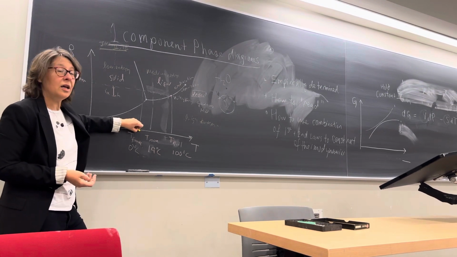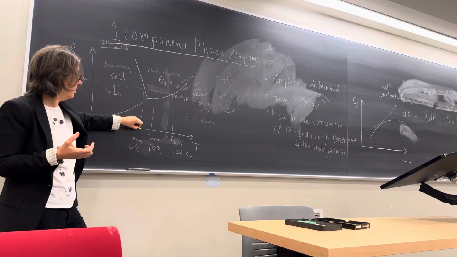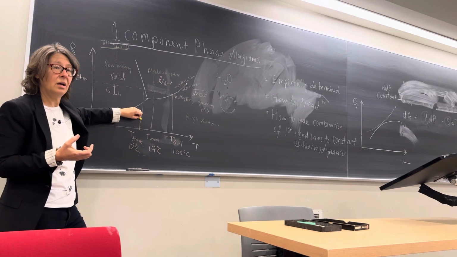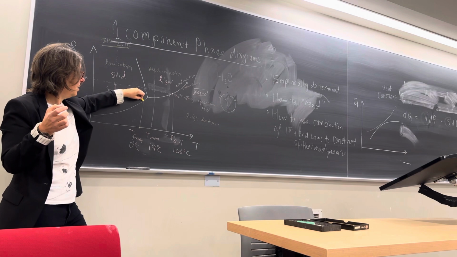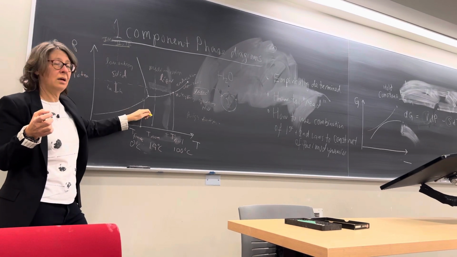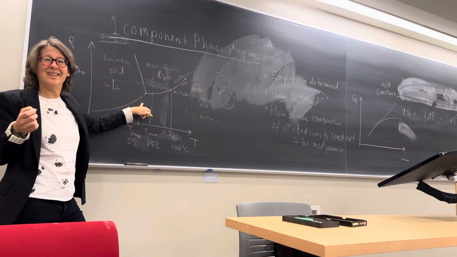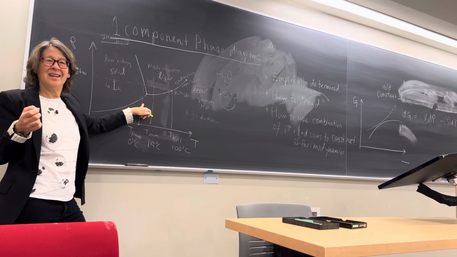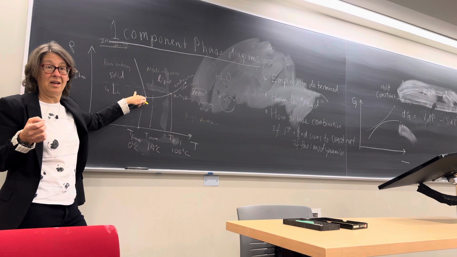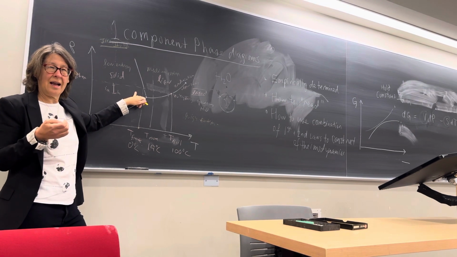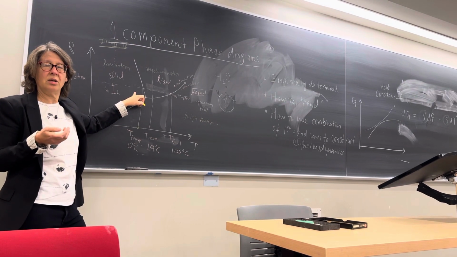And so we're going to increase the pressure now. We still have a vapor. And then at one point, we cross this line. What happens at this line? We're turning from a vapor to a solid. Yeah, exactly. And that has a name. What's that called?